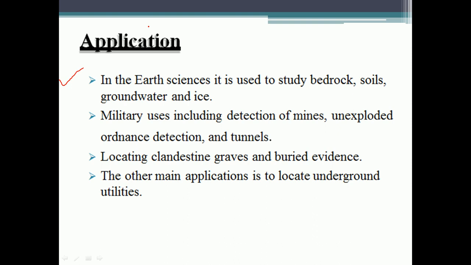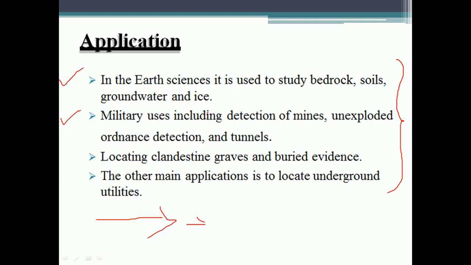In military use, for mines, unexploded ordnance detection and tunneling, we can use this, and also to locate gravel, buried evidence, and many other applications. Along with that, there is pavement evaluation, which is one of the most important uses, in order to evaluate the pavement.